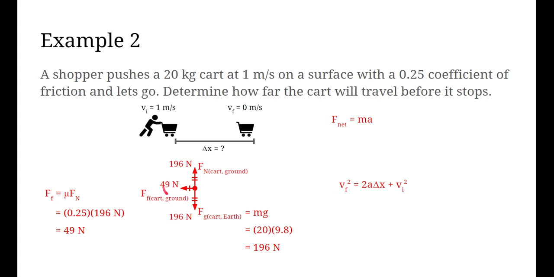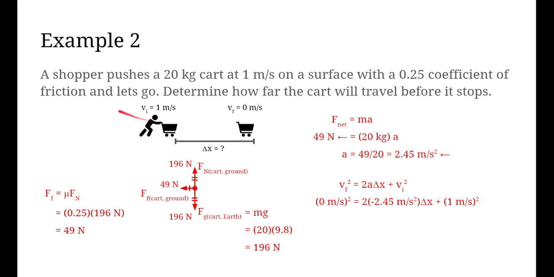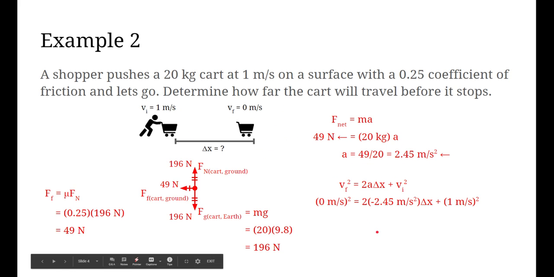That there's 49 more newtons pushing on this cart to the left than there is pushing it to the right. And so we can plug in the net force, plug in the mass of the cart, and then solve for the acceleration. Notice that the acceleration of the cart is in the same direction as the net force.